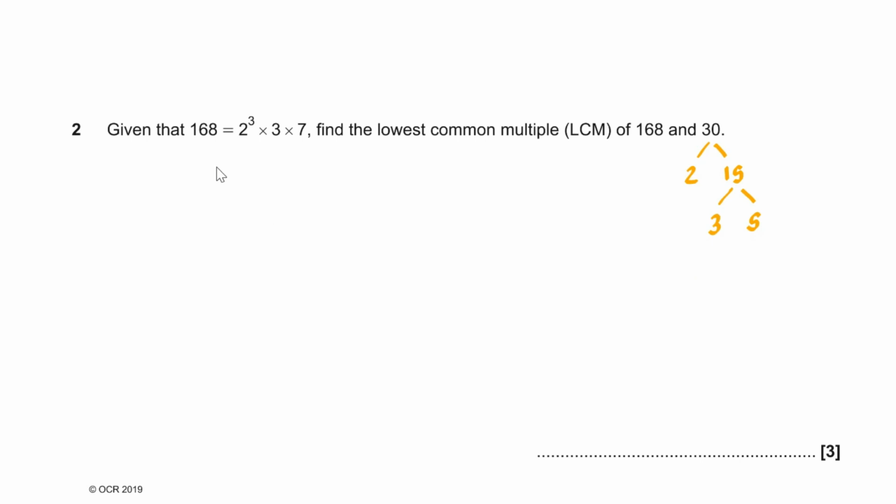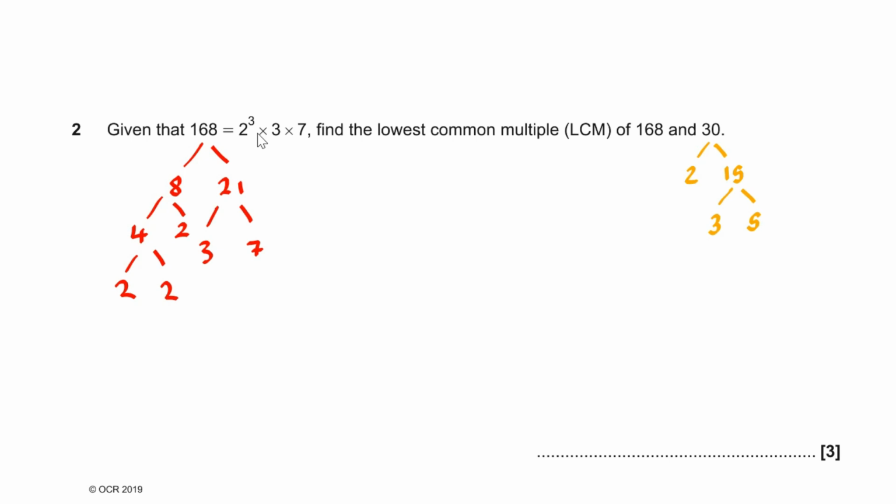So what we've got already is 168, which is equal to 8 times by 21, which is the same as the following. So I'm just rewriting the 168 in terms of what's just given.